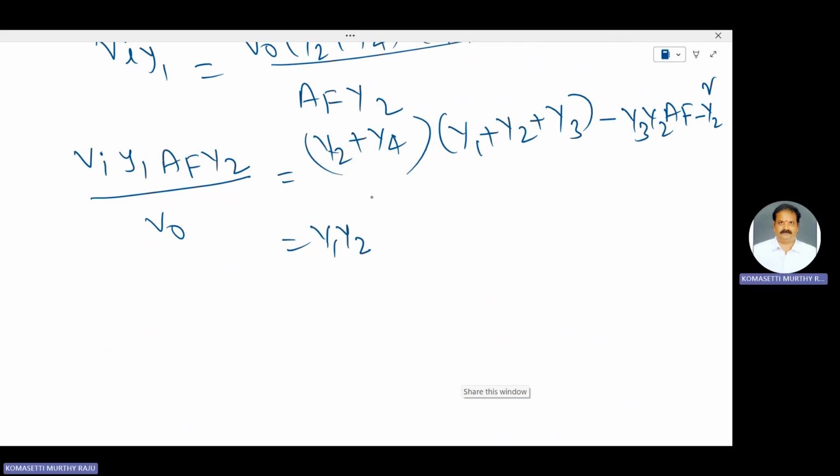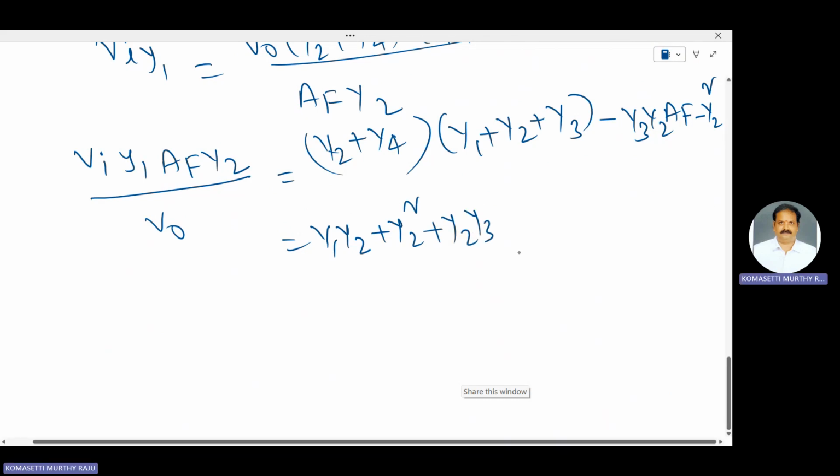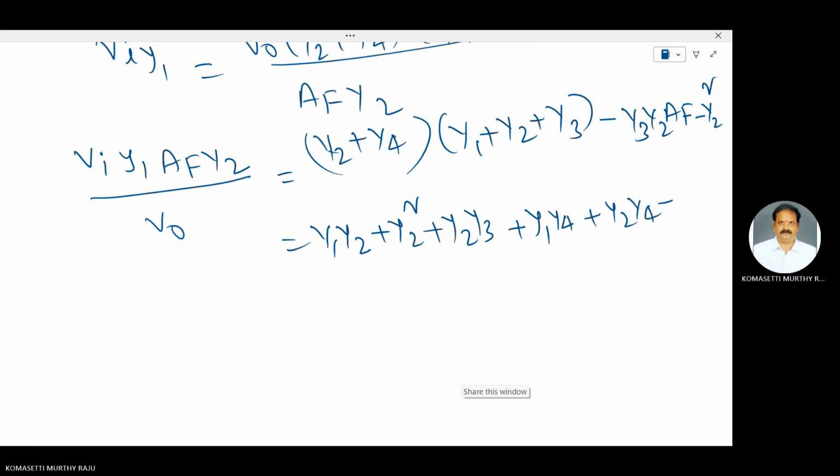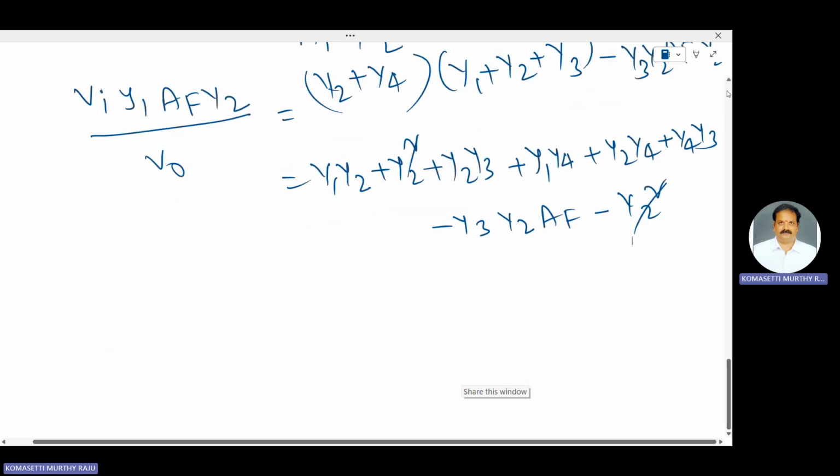Y1 y2 plus y2 square plus y2 y3, y1 y4 plus y2 y4 plus y4 y3 minus y3 y2 AF minus y2 square. This y2 square and this y2 square are cancelled.